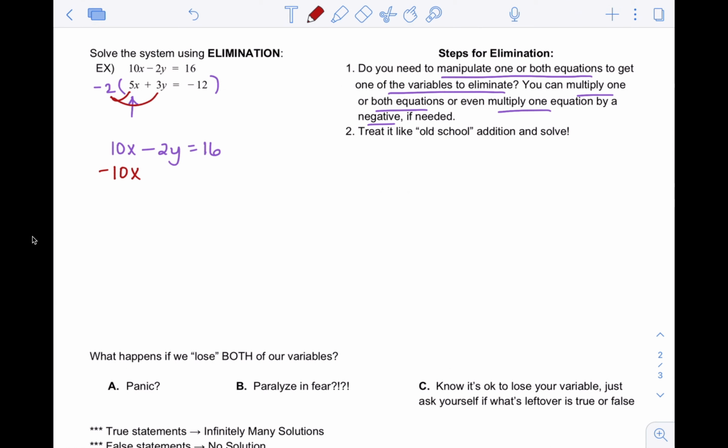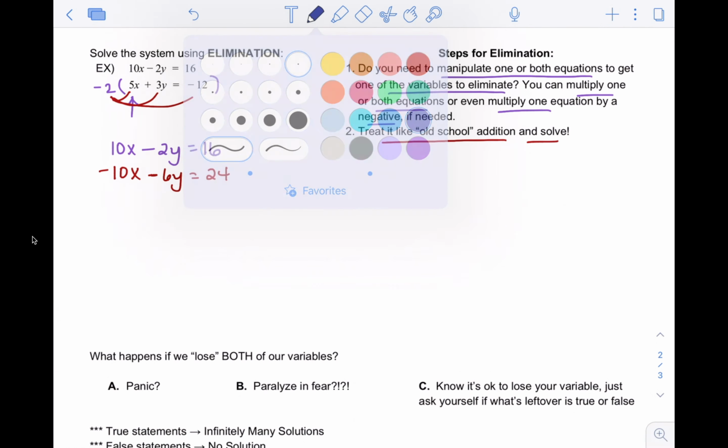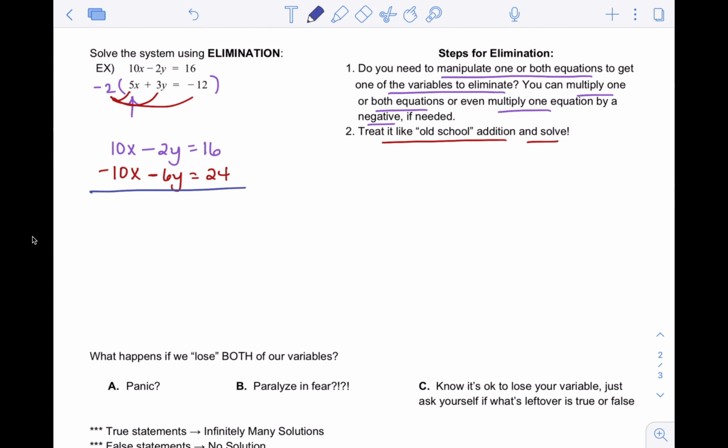And then, of course, we have to still keep everything balanced by distributing the -2 through. Notice what happens. The second step is treat it like old school addition and solve. Old school addition, like the big bar, big plus sign, how it's totally lined up in rows and columns. Look what happens. The x's completely eliminate. That's the job. That's what you want them to do.